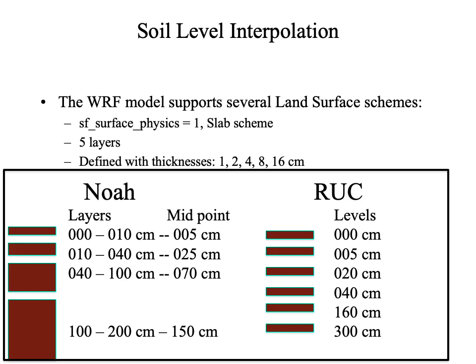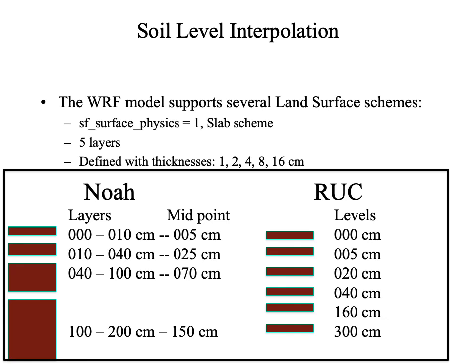Inside of the WRF model, when we choose a land surface model option, depending on the a priori known defined locations and thicknesses of that particular scheme, variables are interpolated between either the NOAA or the RUC, for example, input data.